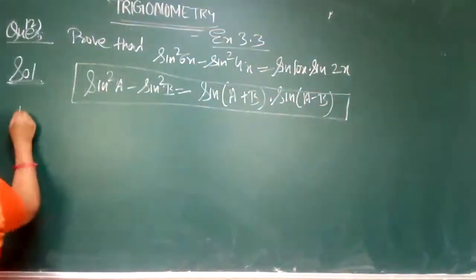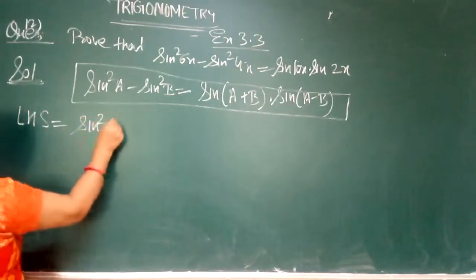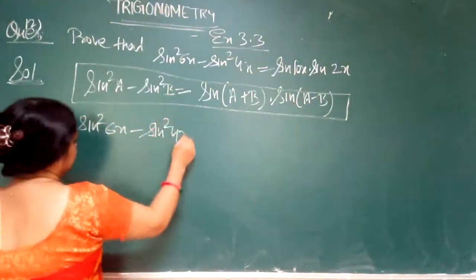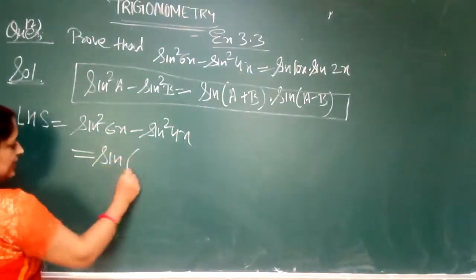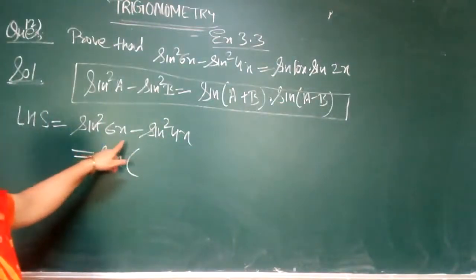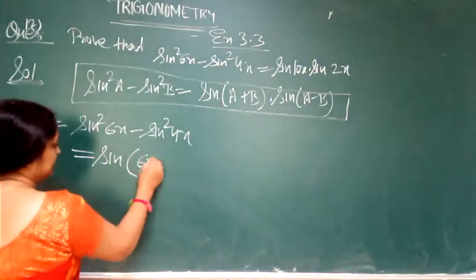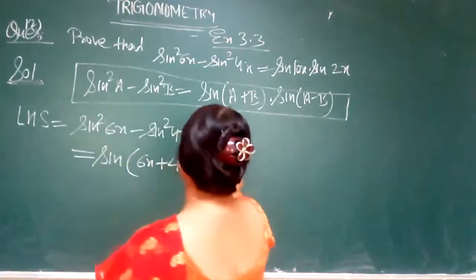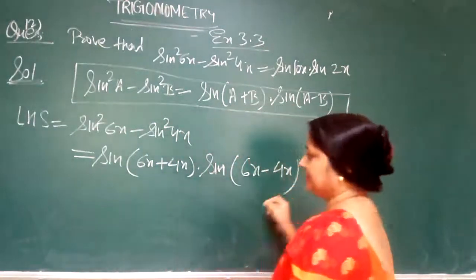So take LHS. What is LHS? That is sine square 6x minus sine square 4x. So according to the formula, what will come here? Sine of A plus B. What is A here? That is 6x. What is B here? That is 4x. So it will come sine of 6x plus 4x into sine of 6x minus 4x.